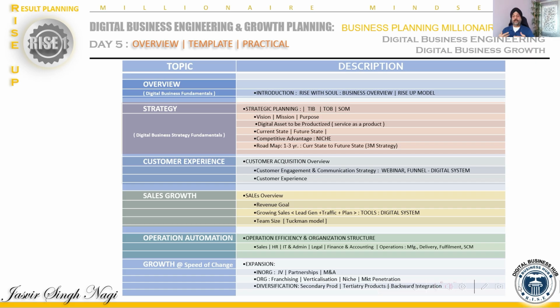Okay. Number 2, strategy. Now the digital business strategy, typically actually any business strategy, all right, will require a vision, a mission, and the purpose. Okay. This very reason gives you a strategy to achieve that vision by virtue of the mission, right?